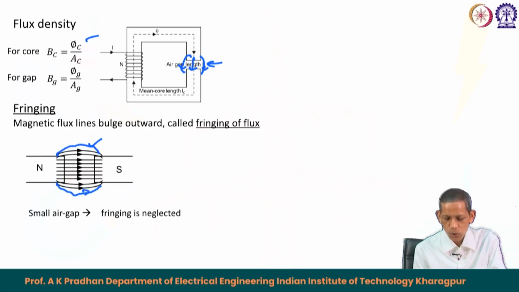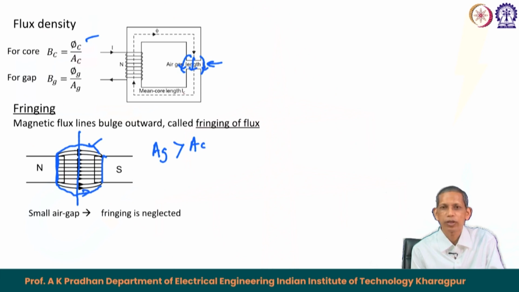So, the area of cross section here is not the same as in the core area; it becomes larger. That means due to fringing, the corresponding A_g becomes greater than A_c, which we discussed earlier.